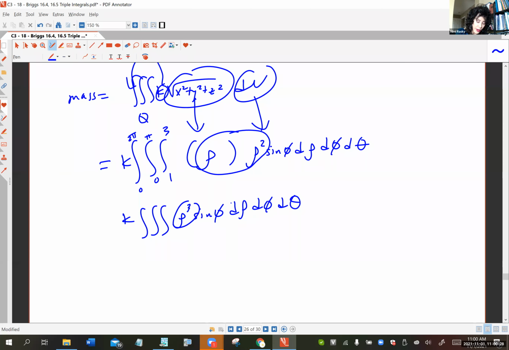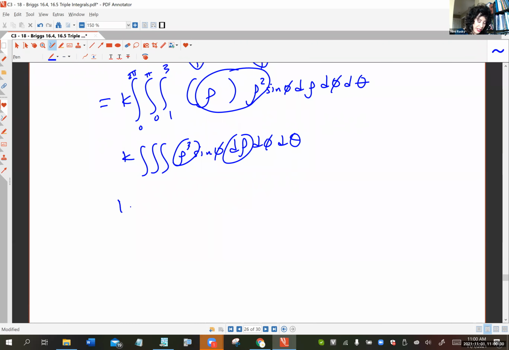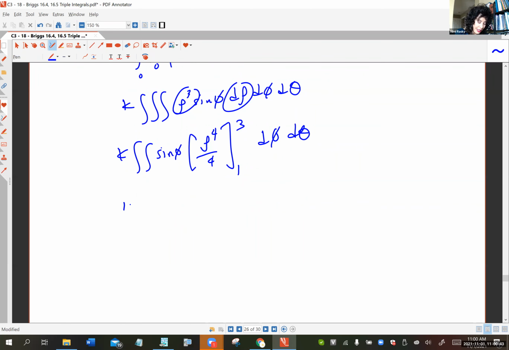And now when I integrate rho cubed with respect to rho, I'm just going to keep copying down the sine phi here. That's going to be rho to the 4th, divided by 4. And remember, the limits for rho are 1 to 3. So be careful. It's kind of weird. So you're having 3 to the 4th over 4 minus 1 to the 4th over 4.